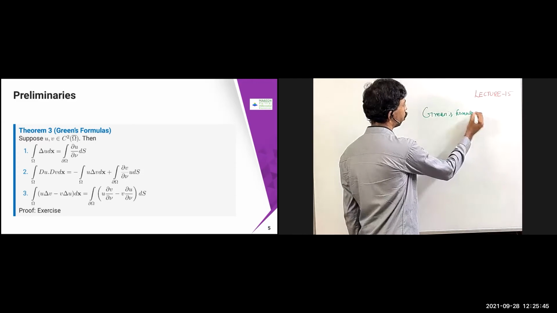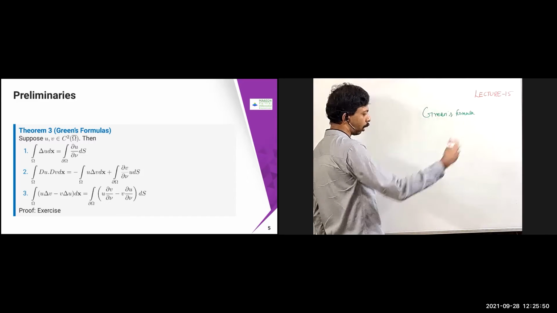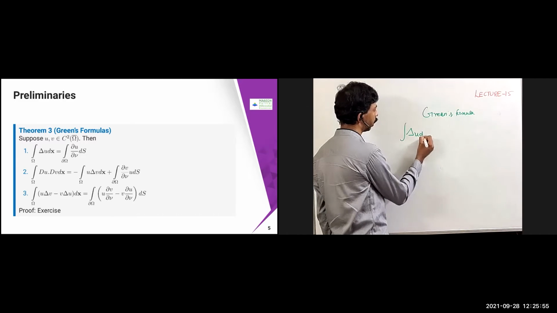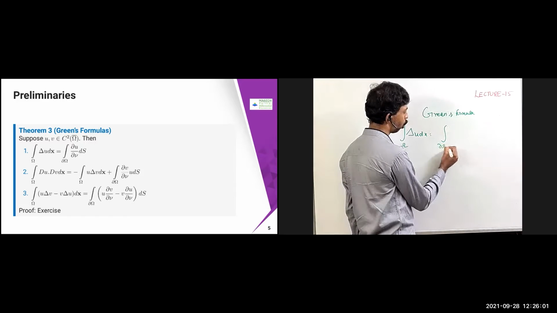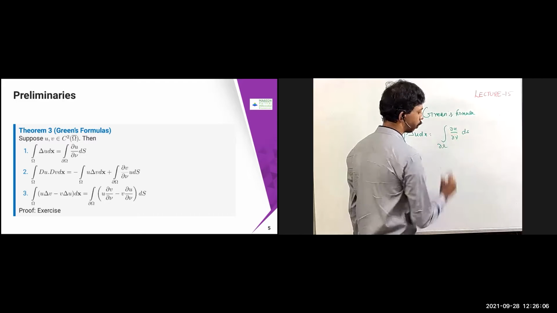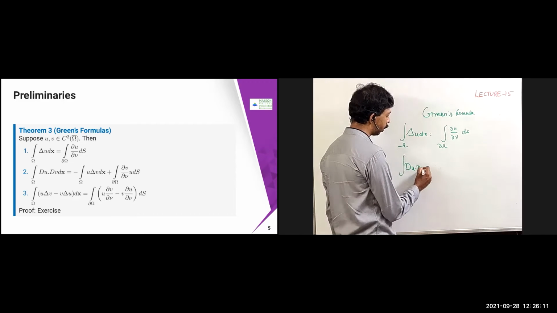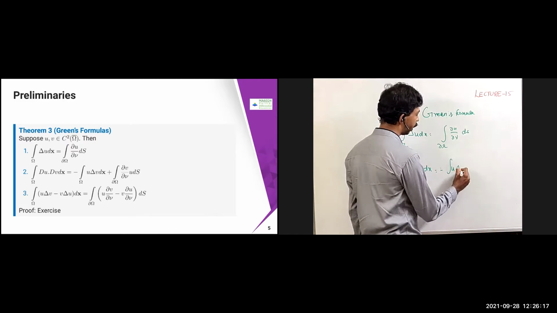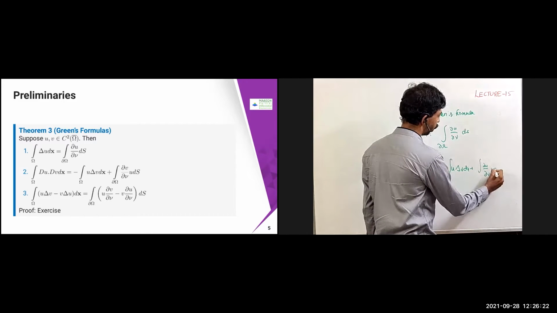Here we do the same thing, almost the same as what you did using the previous two theorems, you can prove this one also. So the integral of del u dx over omega equals the integral over dou omega of dou u by dou nu ds. In the same way, the second identity: the integral of del u dot del v dx is going to be minus the integral of u del v dx plus the integral over the boundary of dou u by dou nu into v ds.